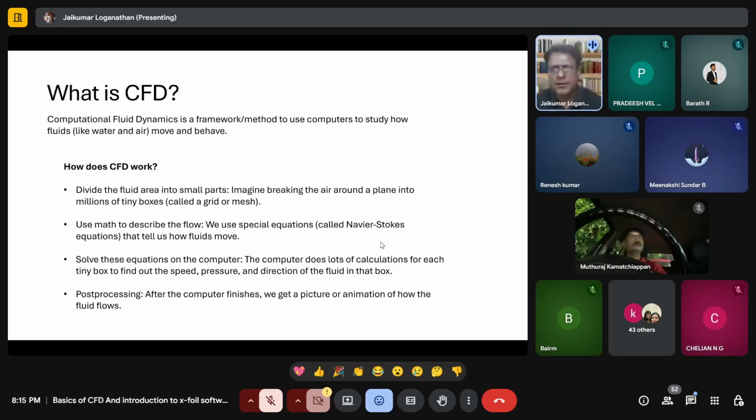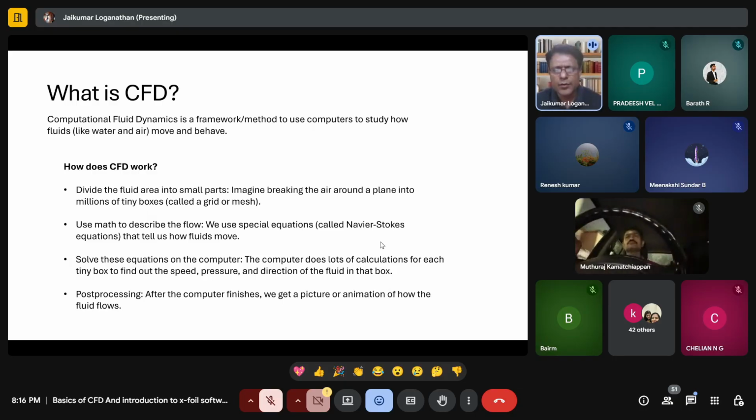It could be any application, but basically we want to understand how it behaves when I have some pressure which is driving a flow, or it might be coming from some other force, right? So this is a very high level introduction, but we'll go a bit deeper.